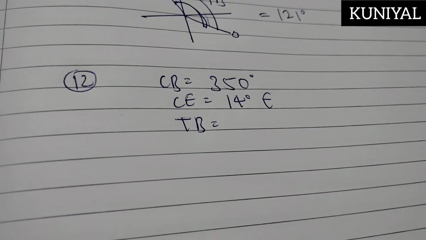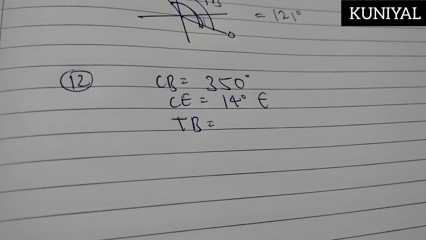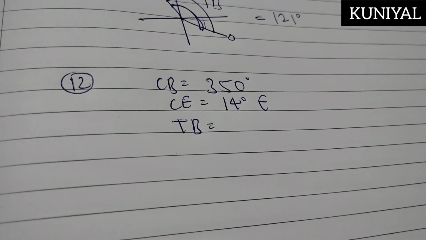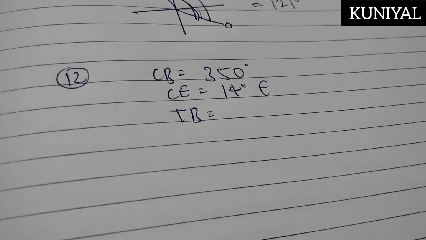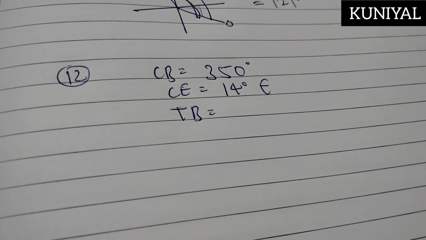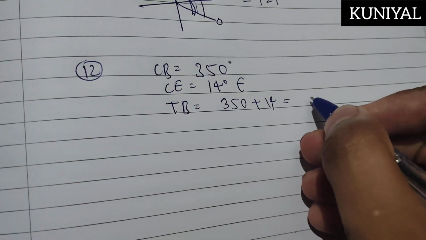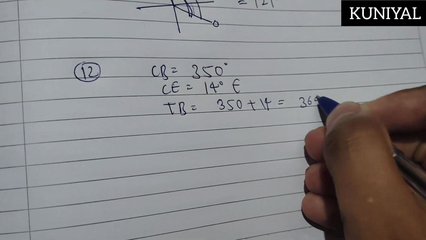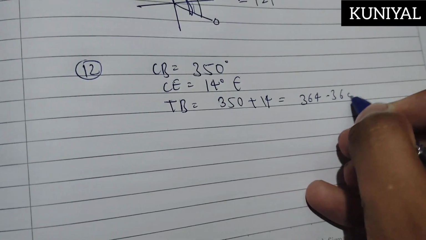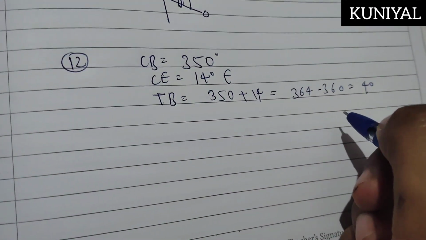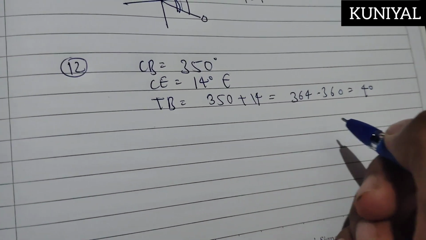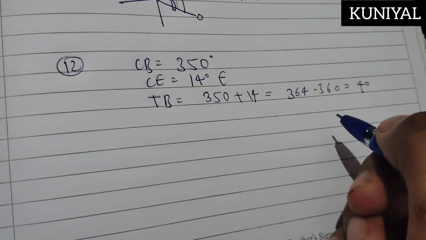So for true bearing we will get 350 plus 14 degrees, which is 364, but minus 360, it will be 4 degrees. So here you will get confused, so that's why I am saying you have to do it by the diagram method.